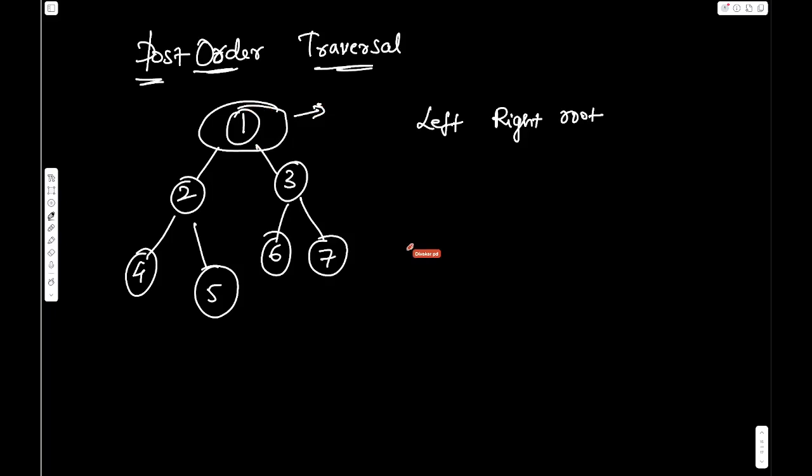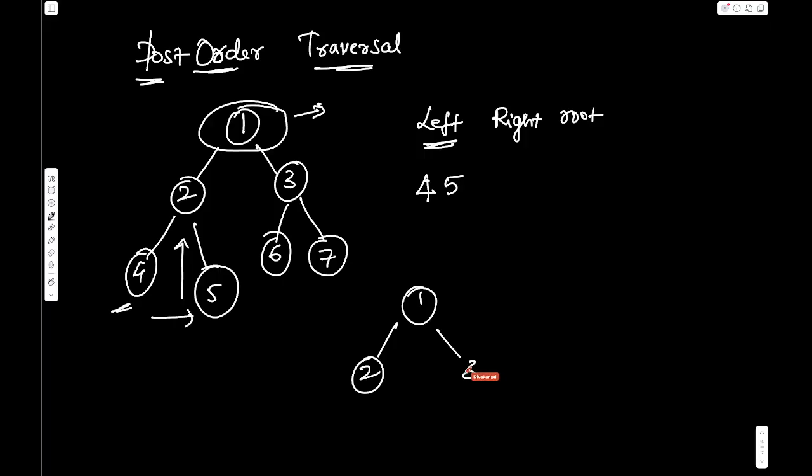First, we visit 4, which is the leftmost node of the tree, then it goes to right, and then it goes to root of it. So 4, 5. If you want to understand the simple flow, it goes like this: left, right, and root.